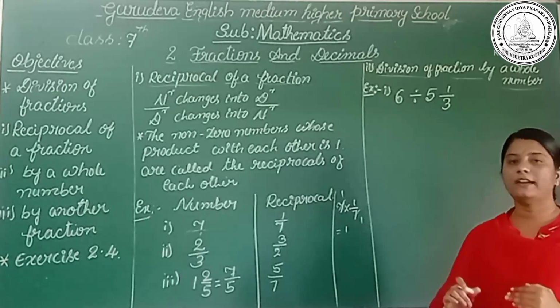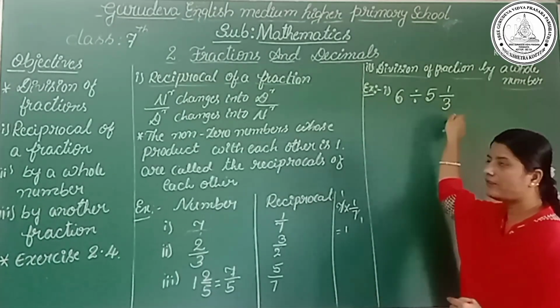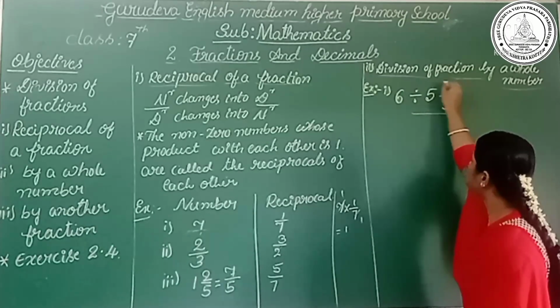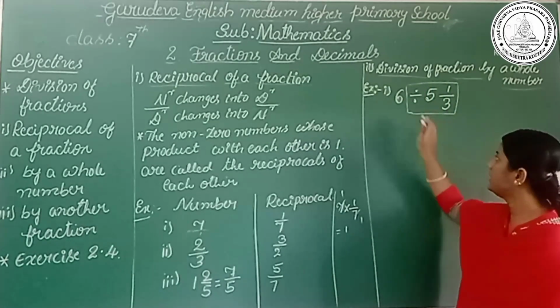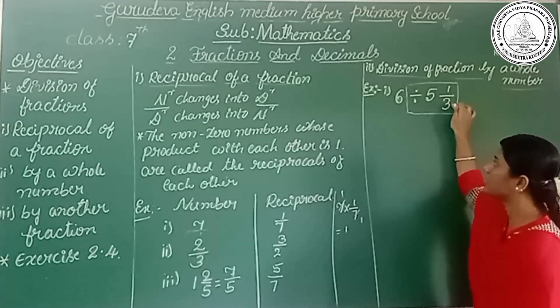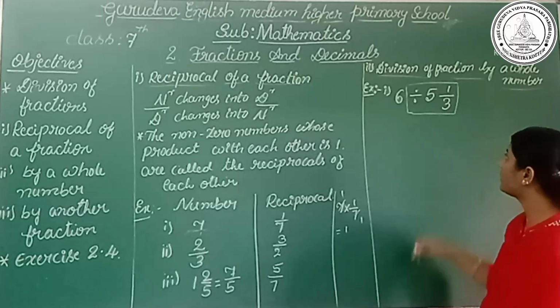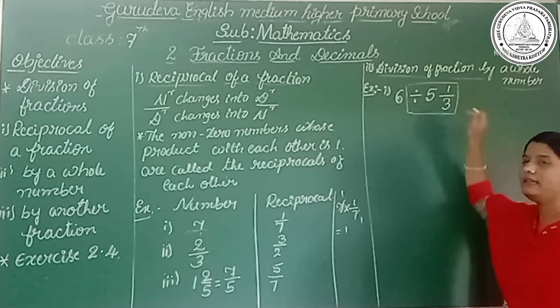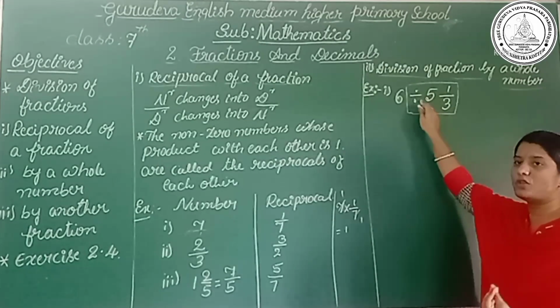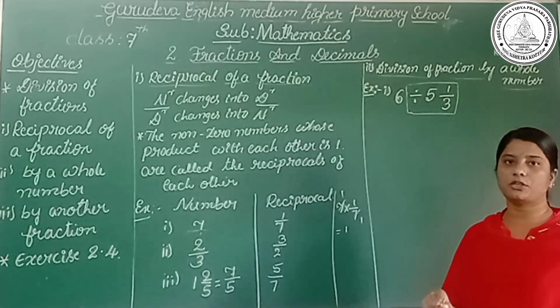So while we are dividing a whole number by a fraction, we have to take the reciprocal for the division of the fraction. So here there is a mixed fraction, that is 5 whole 1 by 3. We have to take the reciprocal for the 5 whole 1 by 3. After taking the reciprocal, the division sign changes into a multiplication sign.